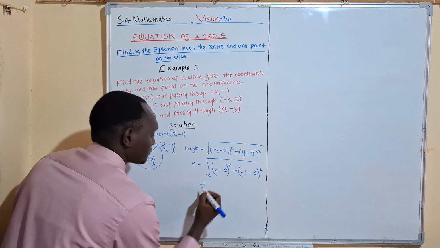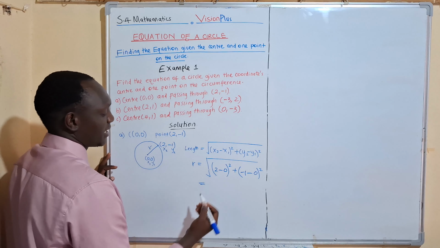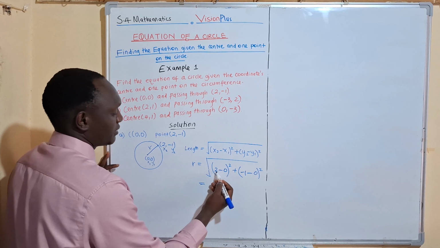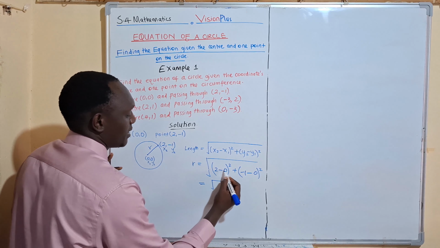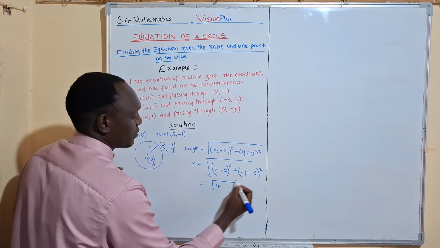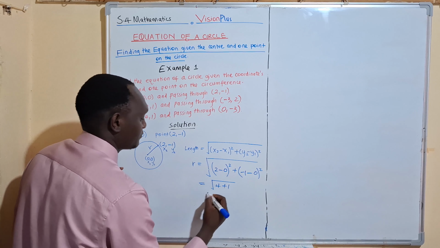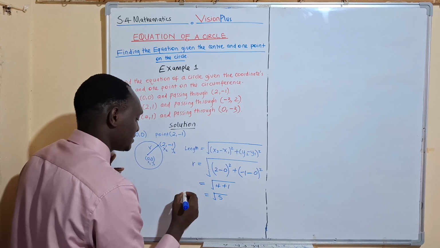Now from here, you press your calculator, subtract and square, subtract and square. 2 minus 0 squared is 4, negative 1 minus 0 squared is positive 1. So I'm finding the root of 5 as the radius.